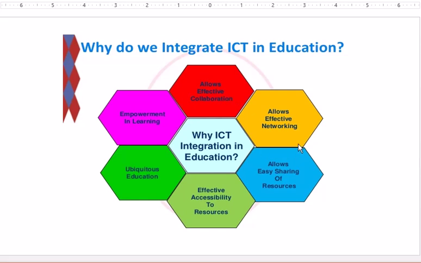It allows collaboration, networking, sharing of resources, accessibility of the internet, and understanding the deeper meaning of education. It empowers learners; empower meaning ICT gives the tools to play with information and understand deeper.